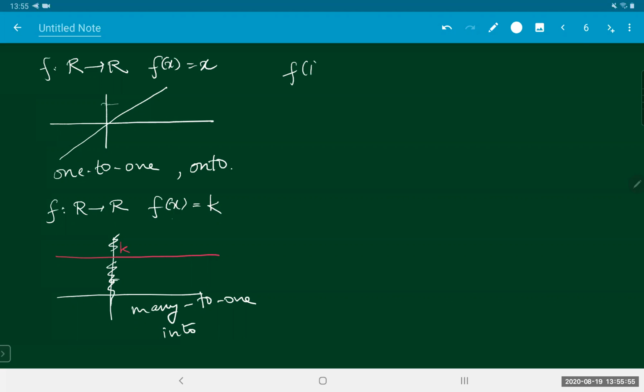So f of 1 is k, f of 2 is k, f of 39 is k, f of minus 5.2 is k. So all of these points are being mapped to k. So many to 1. Does that make sense? Yes.